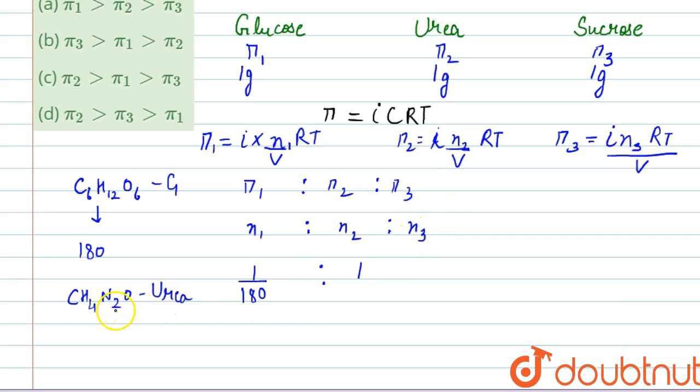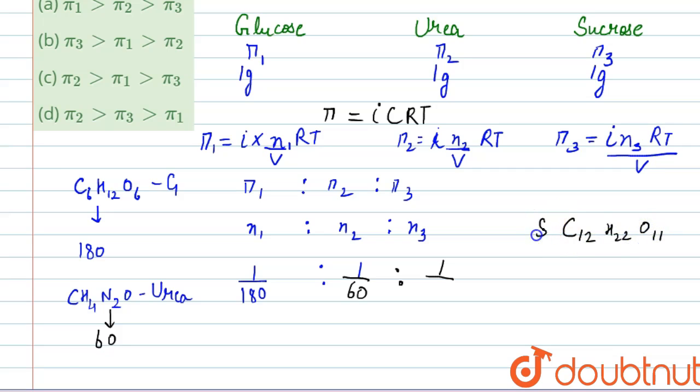So if we calculate the weight, the atomic mass of carbon is 12, hydrogen is 1, nitrogen is 14 and oxygen is 16, we will get the weight as 60. So it will be 1 by 60 for the ratio, N2, with given weight 1. Now the formula for sucrose is C12H22O11.